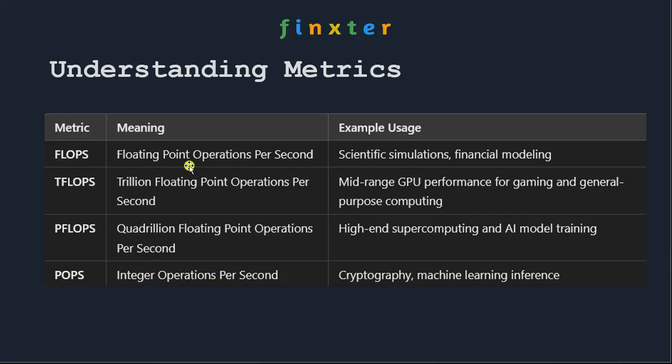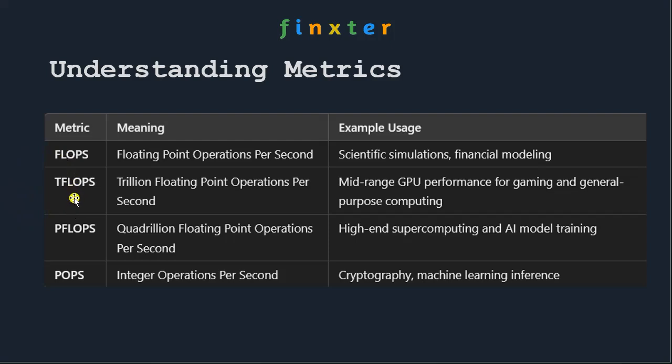FLOP is floating point operations per second, and a teraflop is 1 trillion floating point operations per second. Then we have petaflops, which is a quadrillion, so 1 petaflop is 1,000 teraflops. So we have flops, times 1,000 is kiloflops, times 1,000 is megaflops, times 1,000 is teraflops.